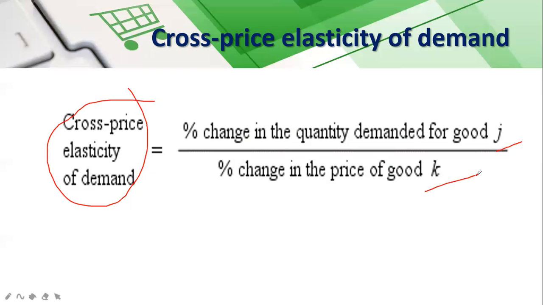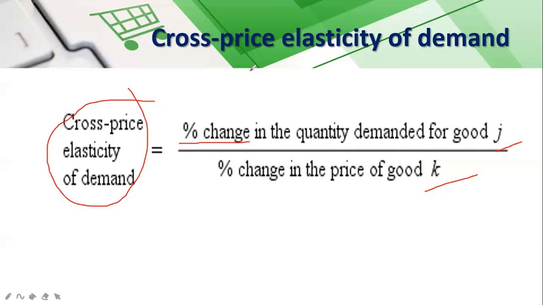So, cross price elasticity of demand. We have the percentage change in quantity demanded for good J over the percentage change in the price of good K. That's why the cross price elasticity of demand between two goods, J and K, is defined as follows.